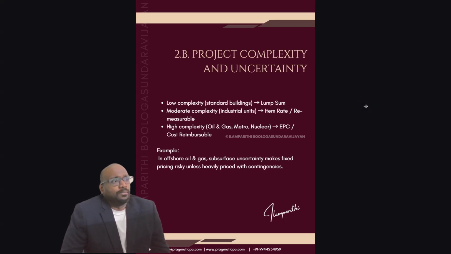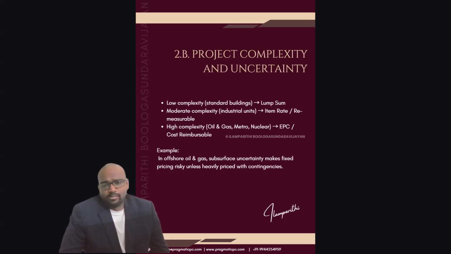So what is the project complexity and uncertainty? If the project is low complexity, everything is under control, then you can go for lump sum. If it is moderately complex, like industrial units, you can go for item rate, reimbursable or remeasurable contracts.